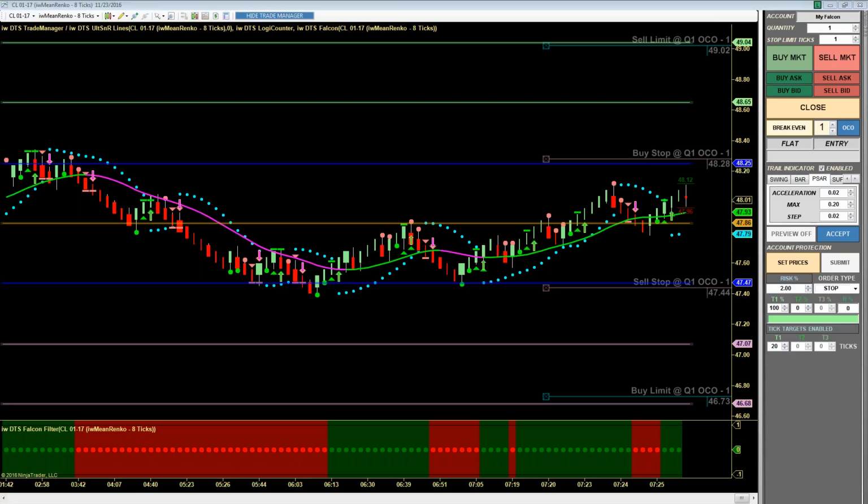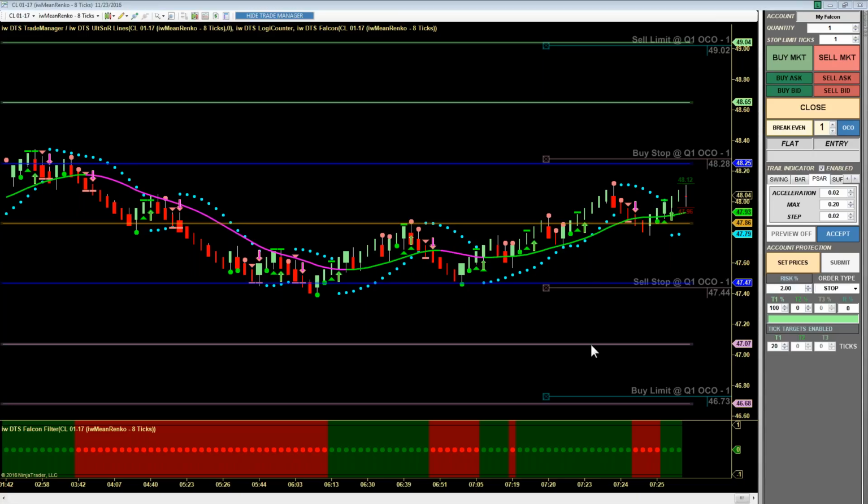Okay, all right, here we go. The crude inventory report should be coming out any moment now. We're going to see these bars get real crazy here in a sec. Now with the OCO function, let's see if I did this right.